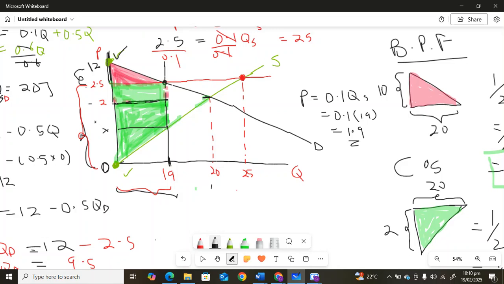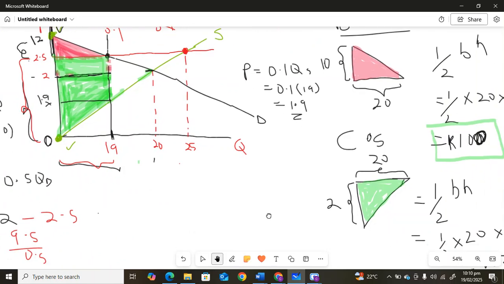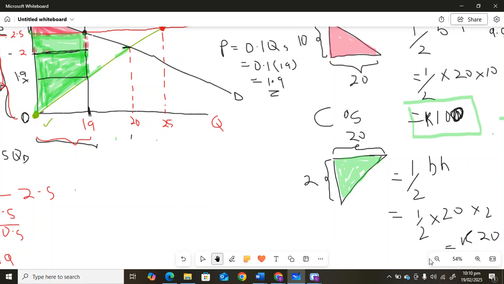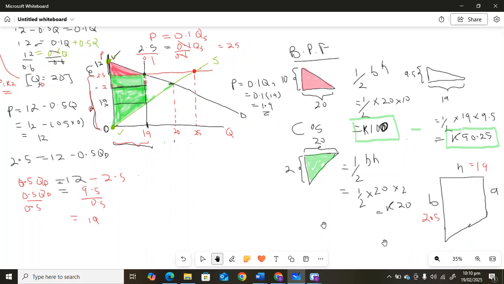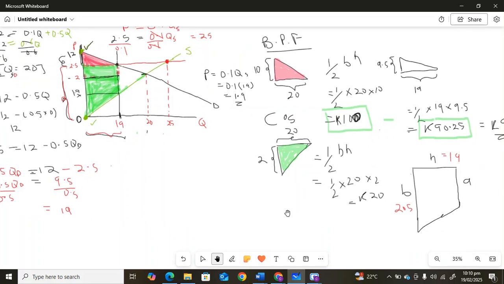So this value here is 1.9. So from 1.9 to 2.5, how long is that? 2.5 minus 1.9 is 0.6.